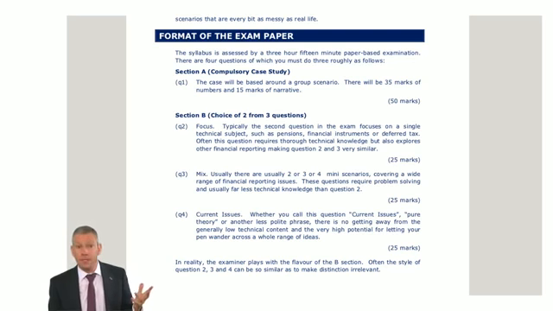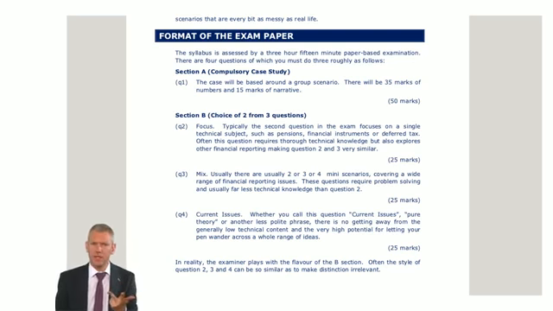The possibilities for question 1A are P&L, balance sheet and cash flow statement. And it's basically that order in reverse. So the most likely is a cash flow statement, then a balance sheet, and then a P&L.